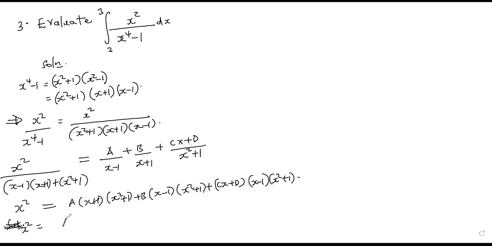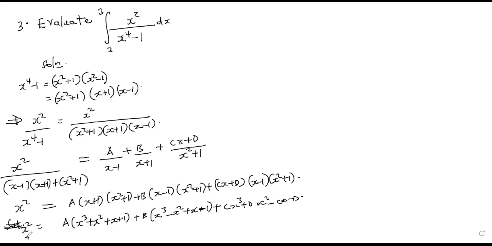If you expand this, x squared is equal to a into x cubed plus x squared plus x plus 1, plus b into x cubed minus x squared plus x minus 1, plus cx cubed plus dx squared minus cx minus d.